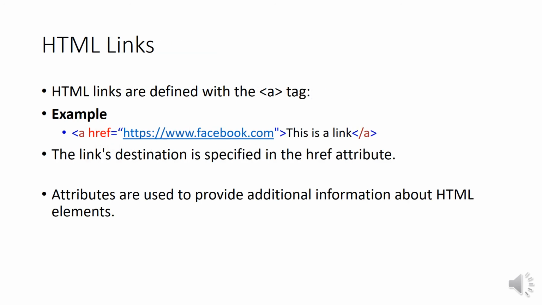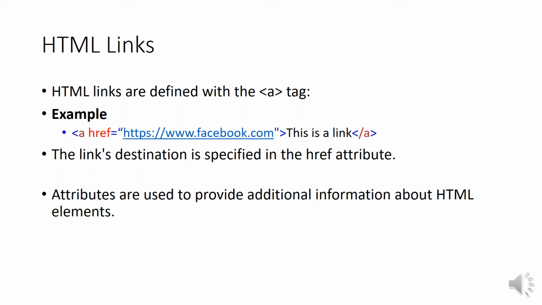Now another tag is the A tag, that is used for linking websites. I think you guys remember when we were linking the two web pages. So this is how we use it. The A tag is used for linking web pages or websites.